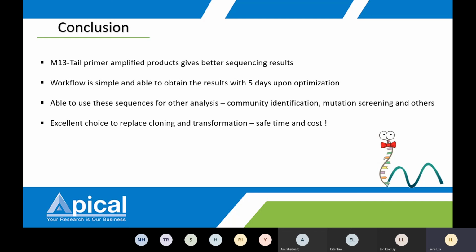All this takes time and also cost. But now with M13 Tail Primer, it's much faster. You can finish within 5 days, and you have all the information that you need in hand for your other downstream work.